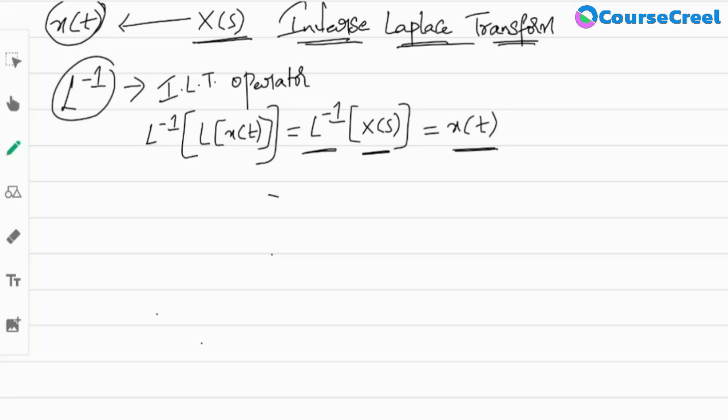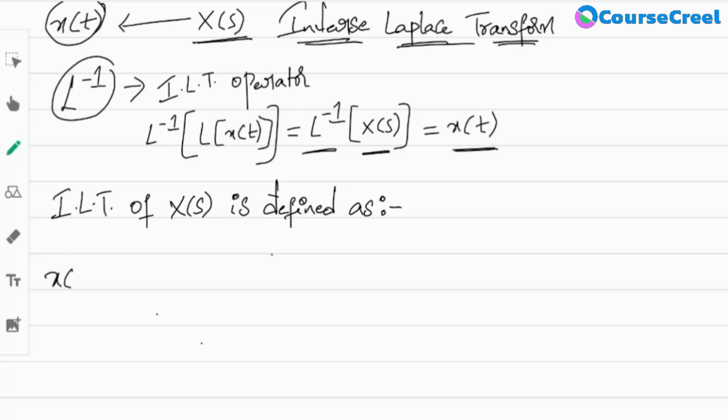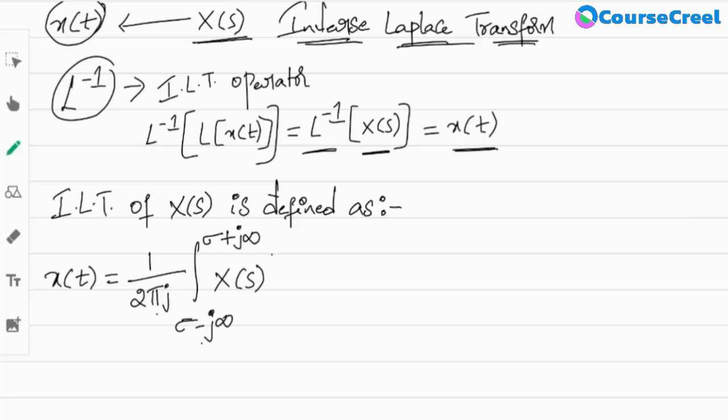And the formula for the inverse Laplace transform of x of s is defined as x of t equals 1 by 2 pi j times the integral from sigma minus j infinity to sigma plus j infinity of x of s e power st ds.